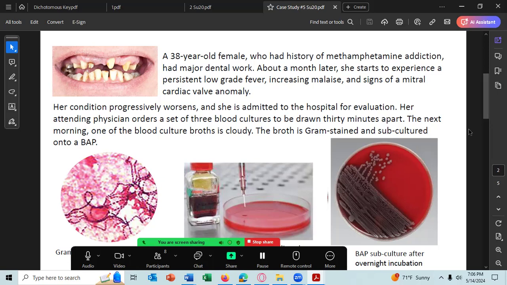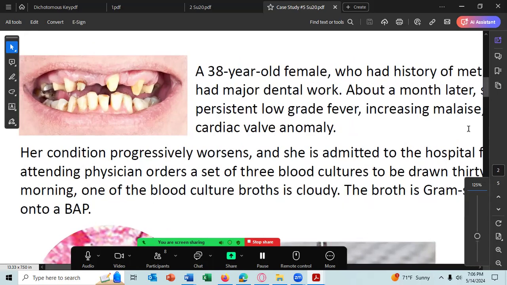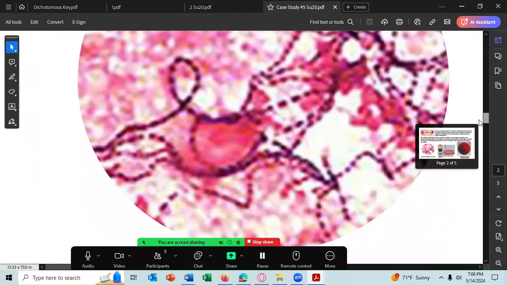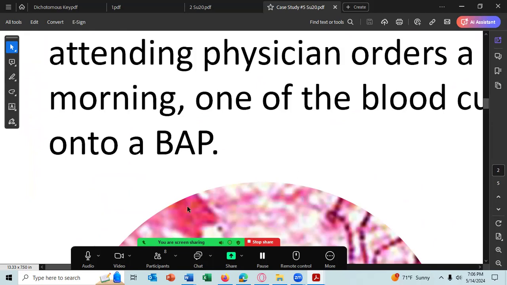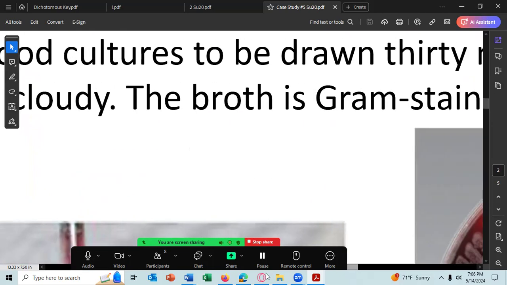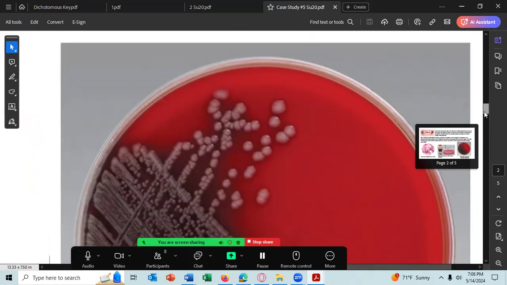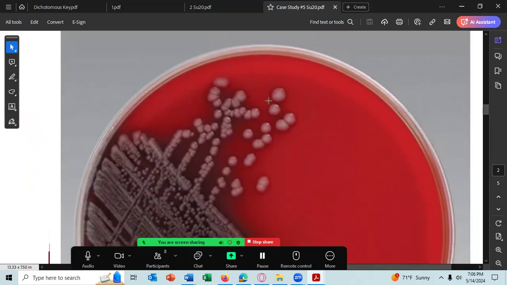Let me see if I can blow that up. Scroll down and over. There you go, right there. You can see, yeah, even right there. You can see the hemolytic activity.